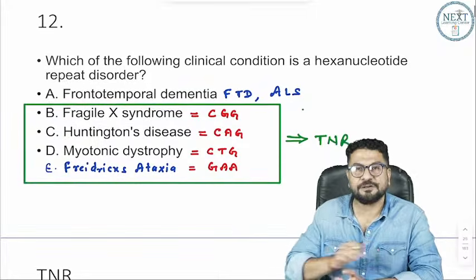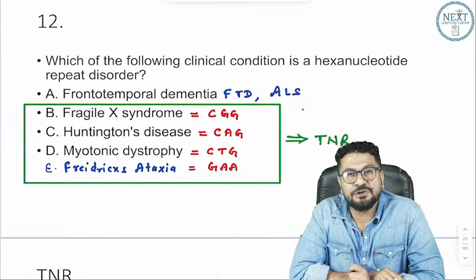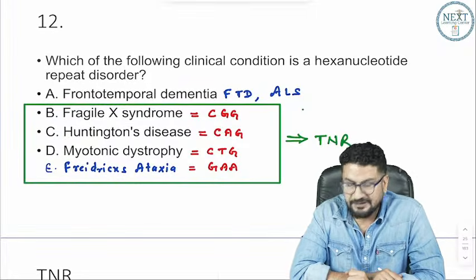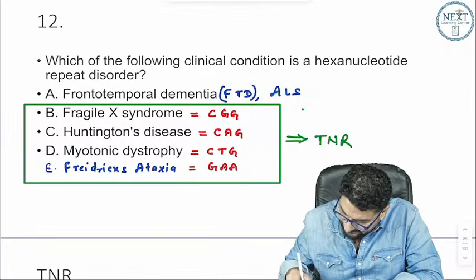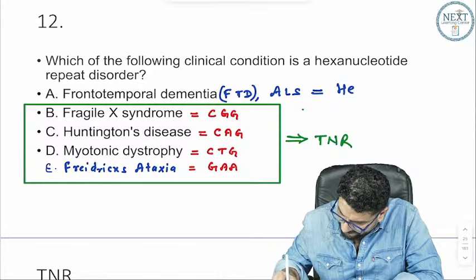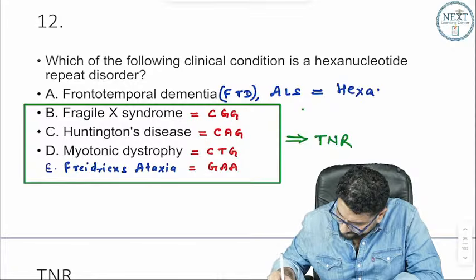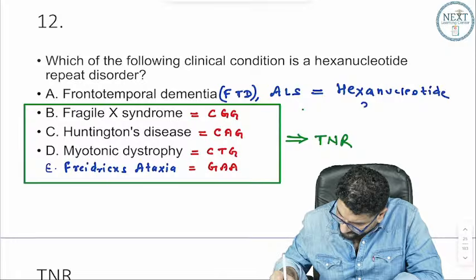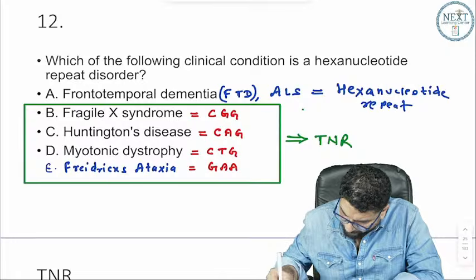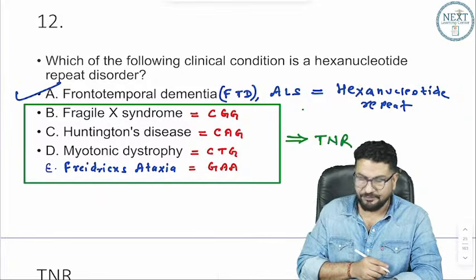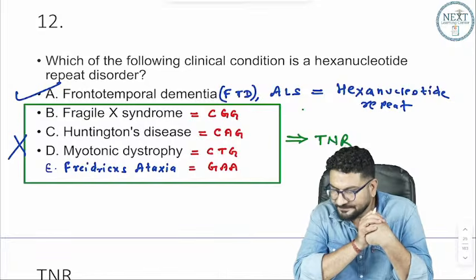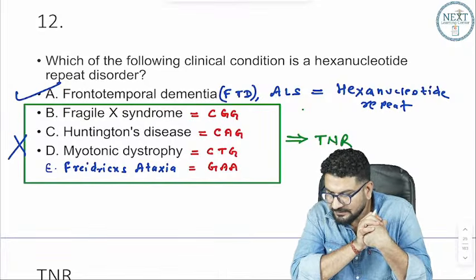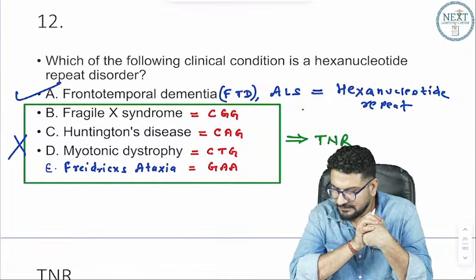Amyotrophic lateral sclerosis. We call it Lou Gehrig's disease and Stephen Hawking's disease. So ALS and FTD, these are two conditions. Here you will find hexanucleotide repeat. So this is about your hexanucleotide. These four are trinucleotide repeat. Done? Am I clear?